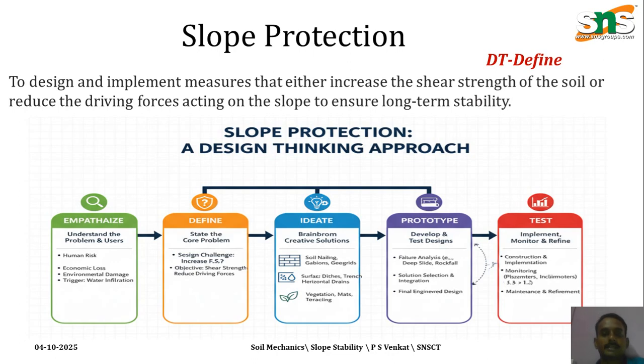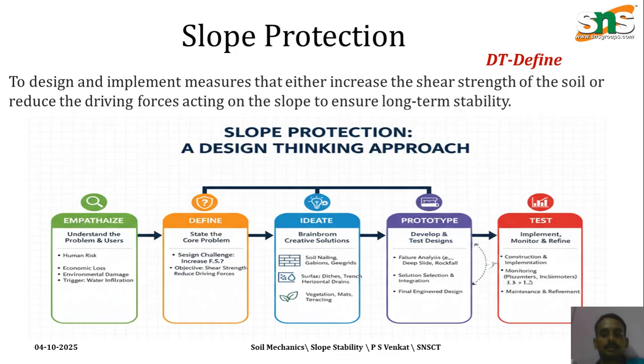As far as the design thinking approach is concerned, we are dividing it into 5 stages. One is empathize, next is define, next is ideate, prototype and testing. We are going to adopt this framework in this topic, that is slope protection.